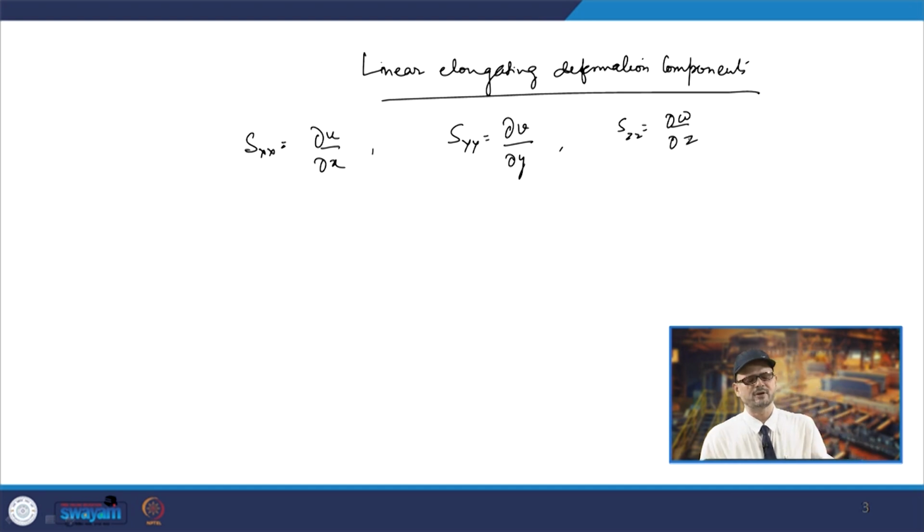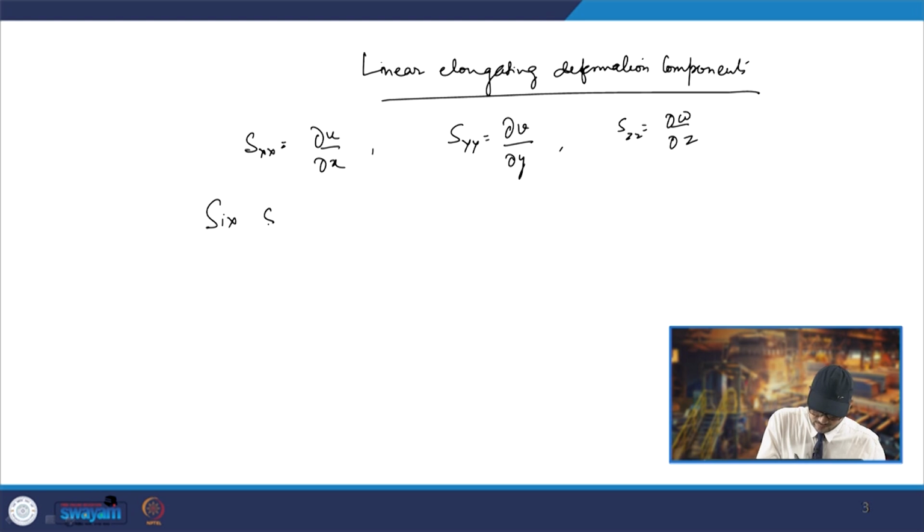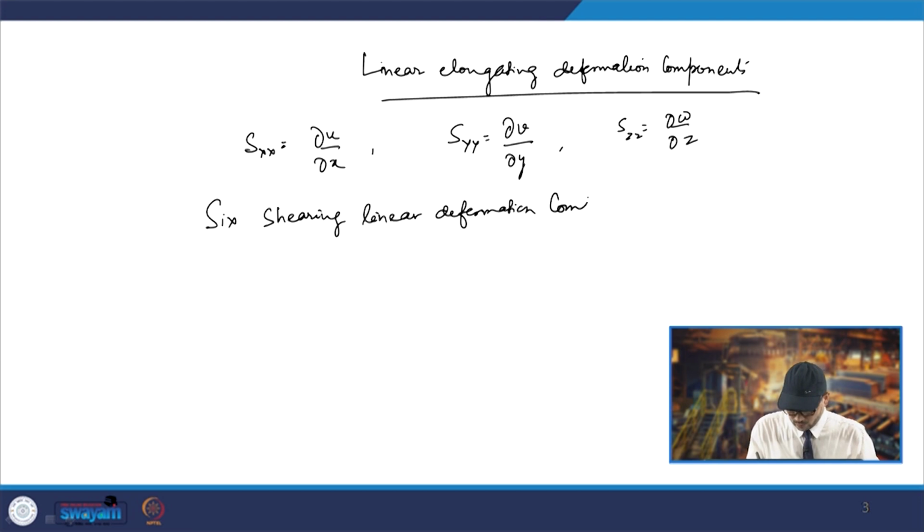Now, apart from that, we saw that we have 9 components. So, you have 6 shearing linear deformation components. In the Sij, when i equals j, that is the linear elongating deformation component, and then you have the shearing linear deformation components.